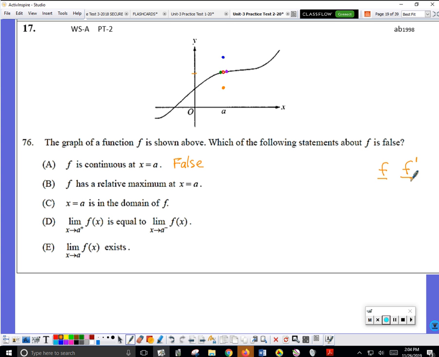Connor? When f goes from increasing to decreasing, and then f prime when it goes from positive. Good. I need both columns. Good work. So this is what causes f to have a relative max, not f prime.